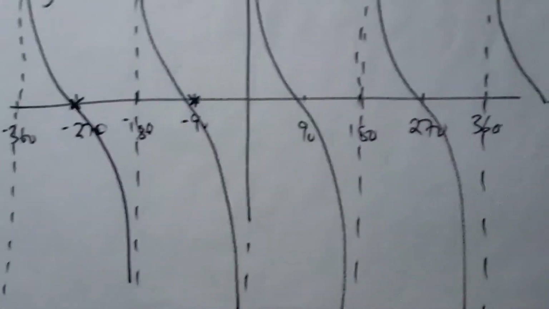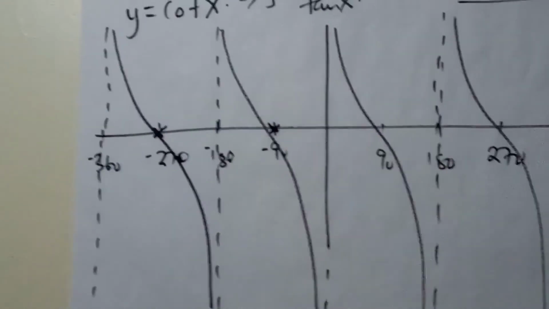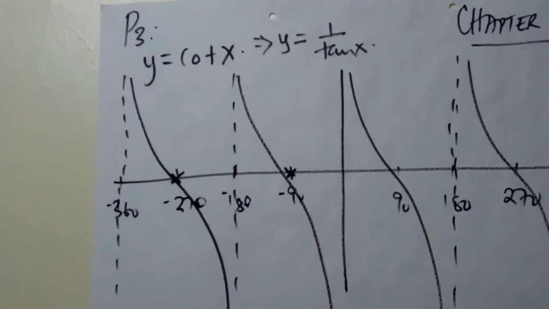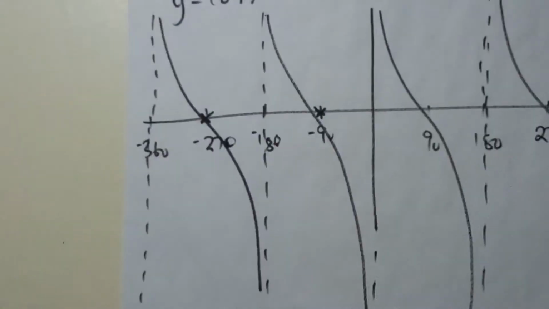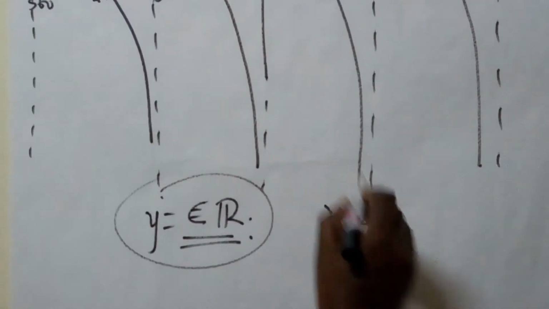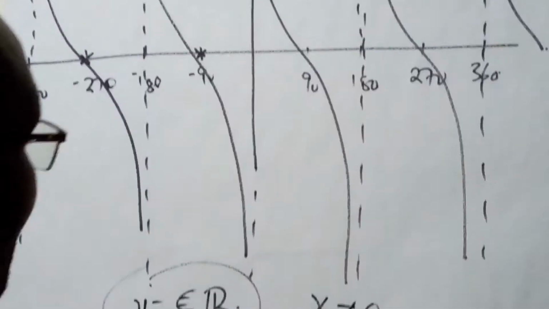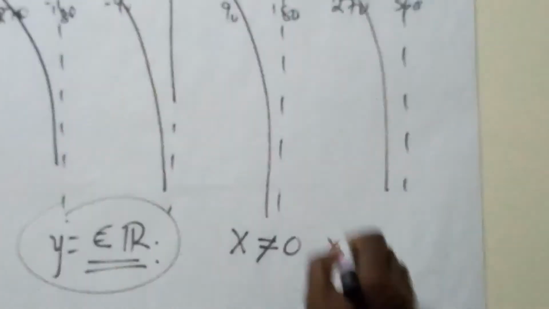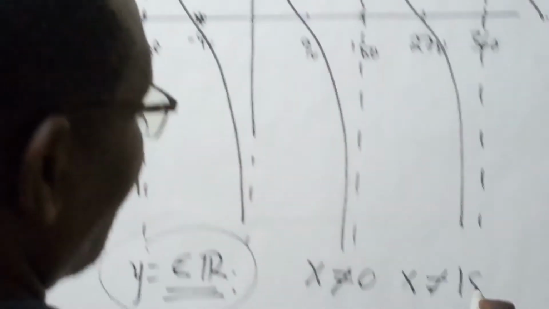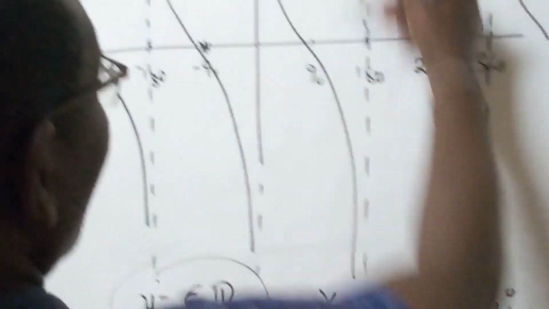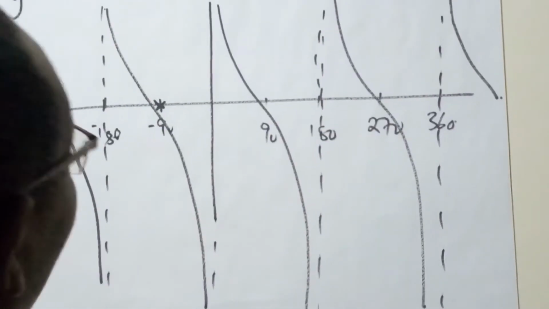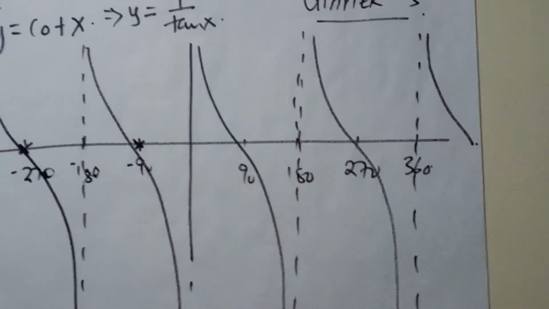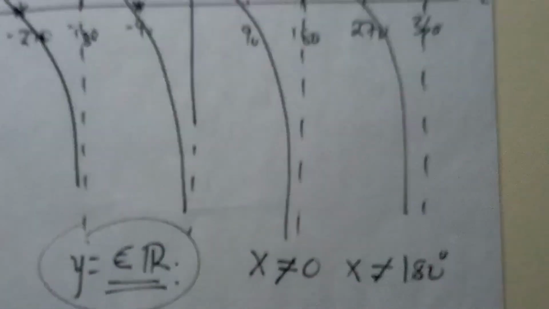But of course, the domain is a real number apart from negative 360. x is not equal to 0, as you can see. x is not equal to 180 degrees because we do not have any value of y for positive 180 degrees.